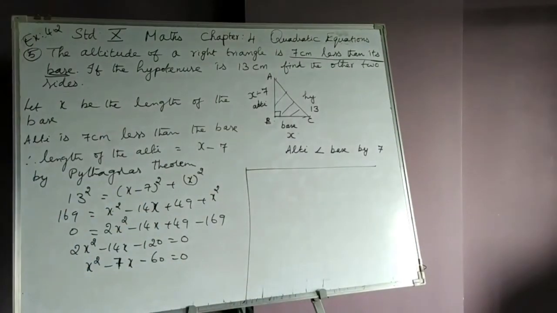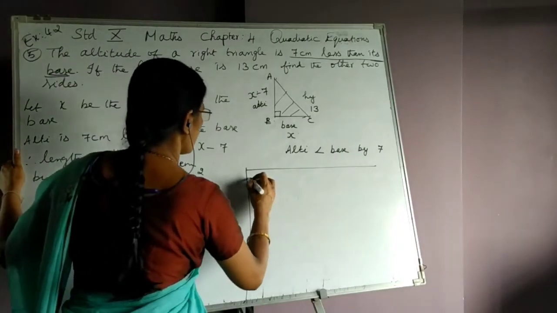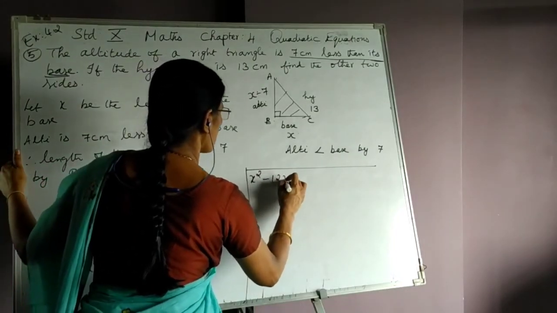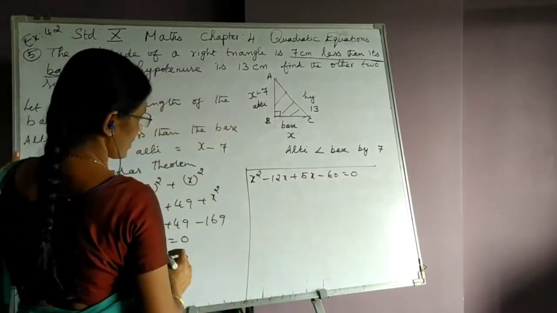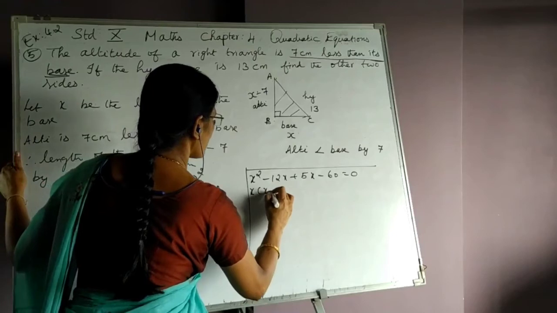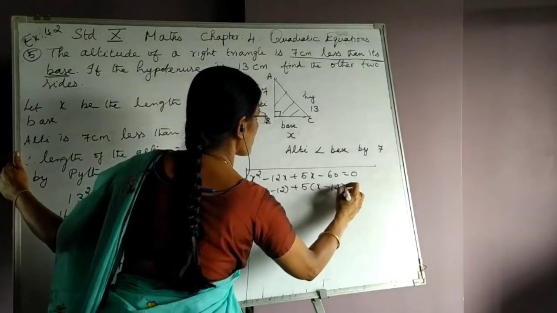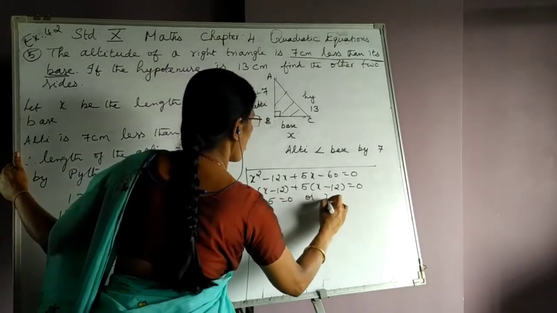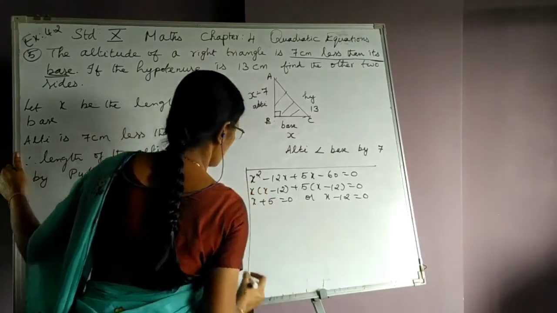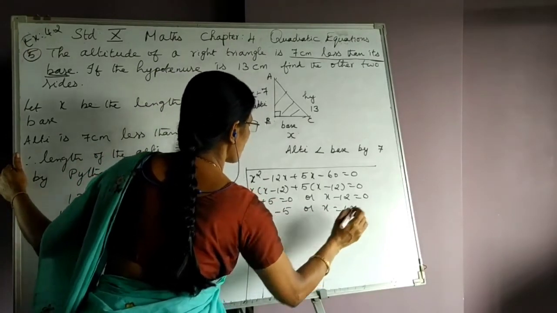The numbers are minus 12 and plus 5. So it is x square minus 12x plus 5x minus 60 equal to 0. X is the common term, x minus 12, and here 5 is the common term, x minus 12 equal to 0. X plus 5 equal to 0 or x minus 12 equal to 0. X is equal to minus 5 or x is equal to 12.